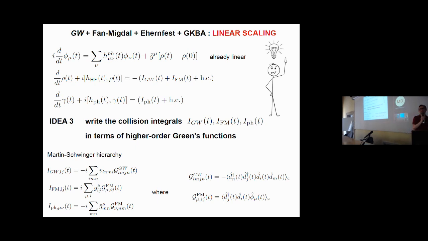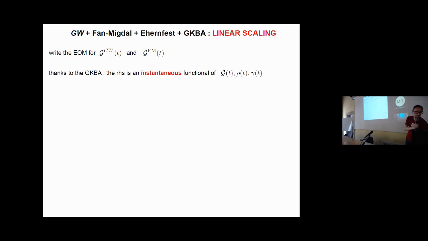Now, at this point, we didn't gain anything because the calculation of this calligraphic G is a mess. But the miracle happens when we do the generalized Baym-Kadanoff ansatz, both for electrons and for phonons.